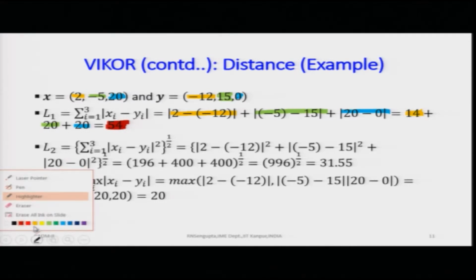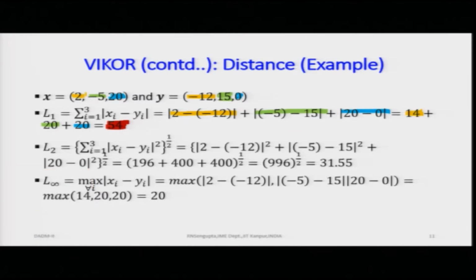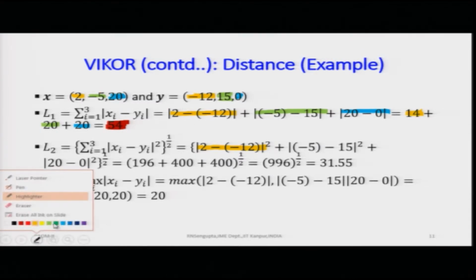Then when I come to the L2 norm, again I have this 2 minus minus 12, whole square, as it should be because p is now 2. When I come to the y axis, the color code I am using is green.